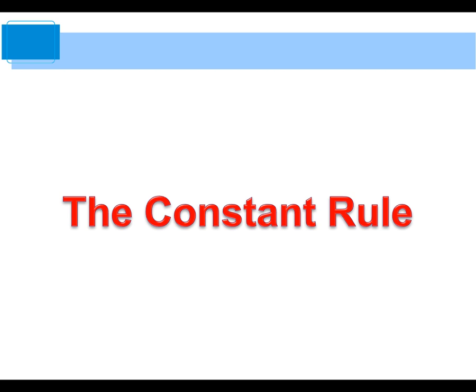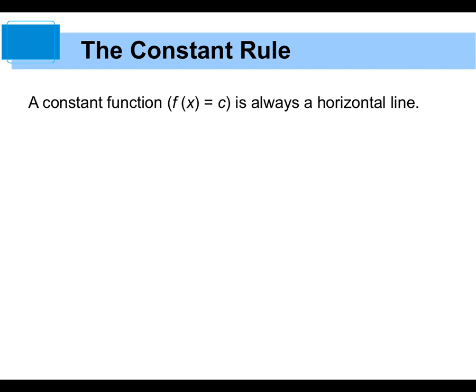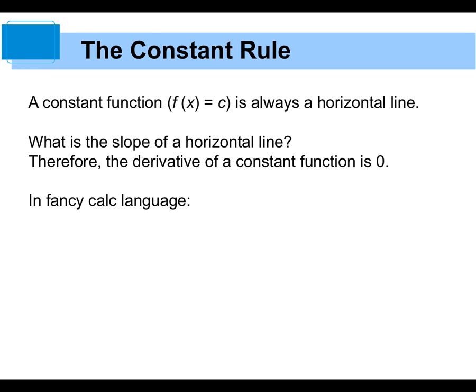It's 0 because it's a horizontal line. Any constant is going to graph a horizontal line, and the slope of the tangent of any horizontal line is going to be 0. Now that seems kind of silly to even talk about this, but we need to use it later on. Okay, so horizontal line, 0.